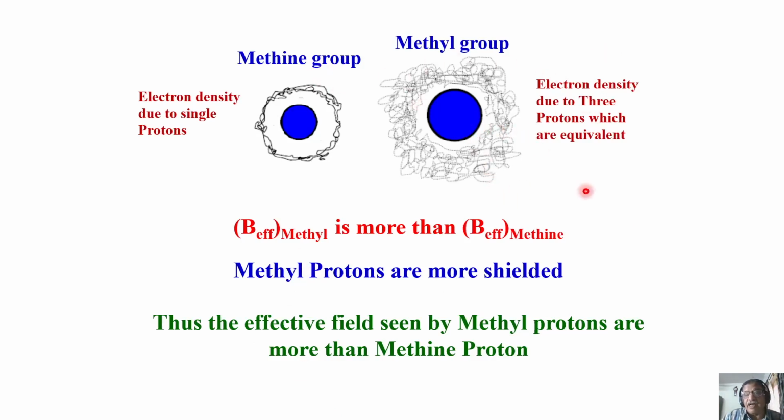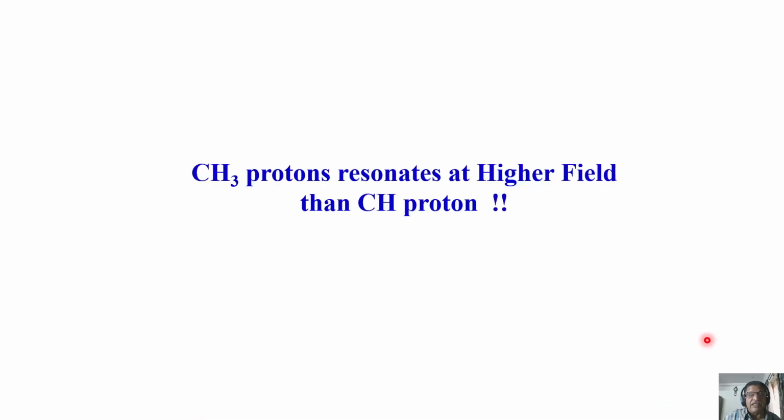If it has to see the main magnetic field, it has to cross this barrier. You remember? So it is more shielded than CH. What does it mean? The effective field seen by methyl protons is more than that of CH protons. Essentially, it means CH3 protons resonate at a high field because the field seen is much more. So it resonates at a higher field than the CH proton.